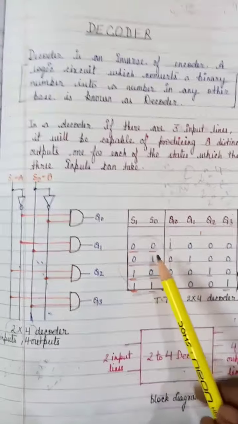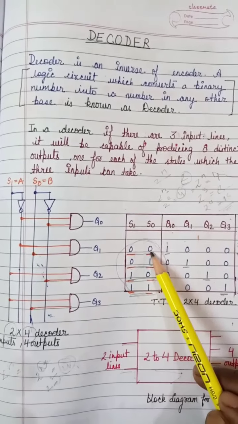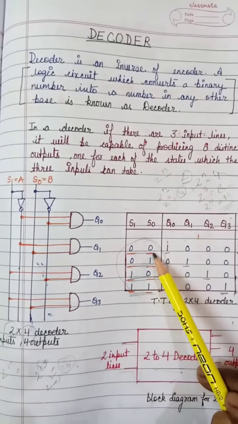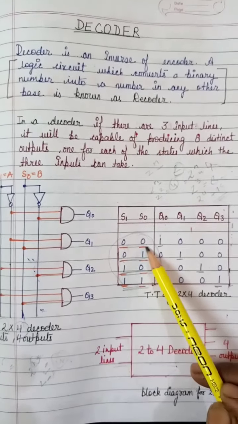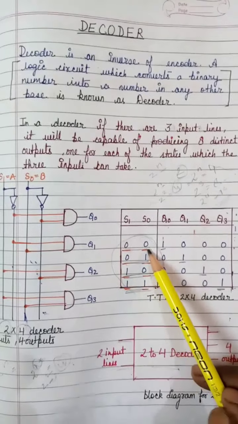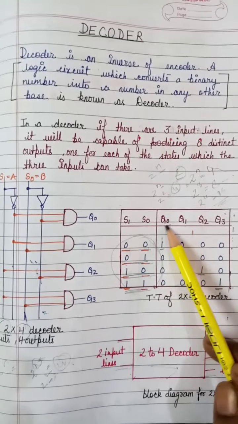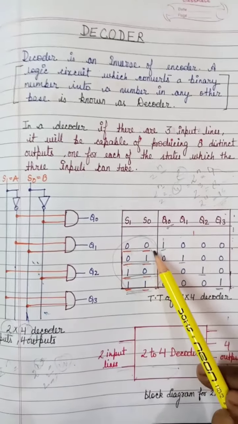Now this 0, 0 is binary equivalent of which decimal number? What will be the decimal equivalent of this combination 0, 0? In decimal, this will be equivalent to 0.